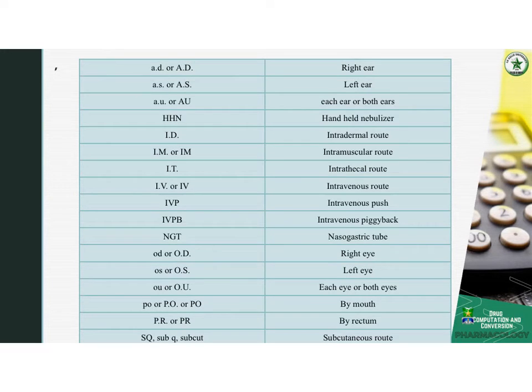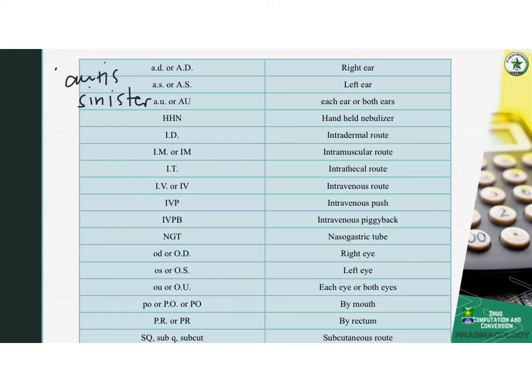Now next we have AS. AS stands for auris sinister. Again in Latin, auris means ear, and sinister means left.